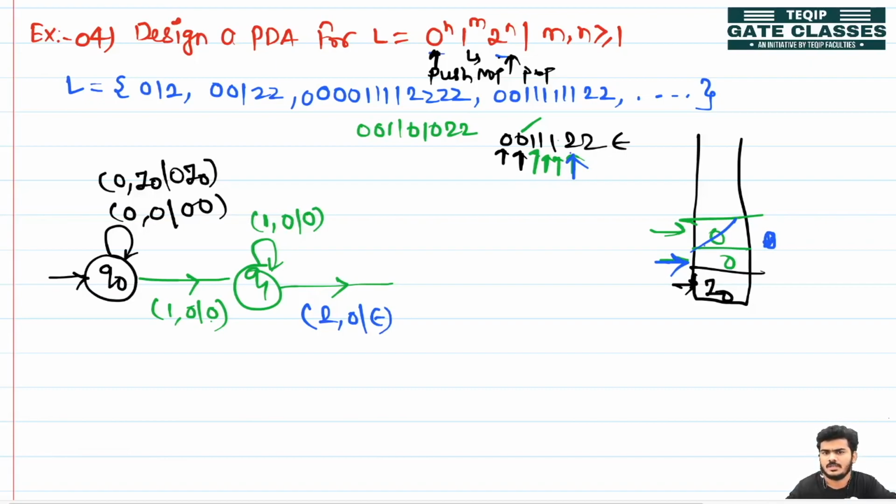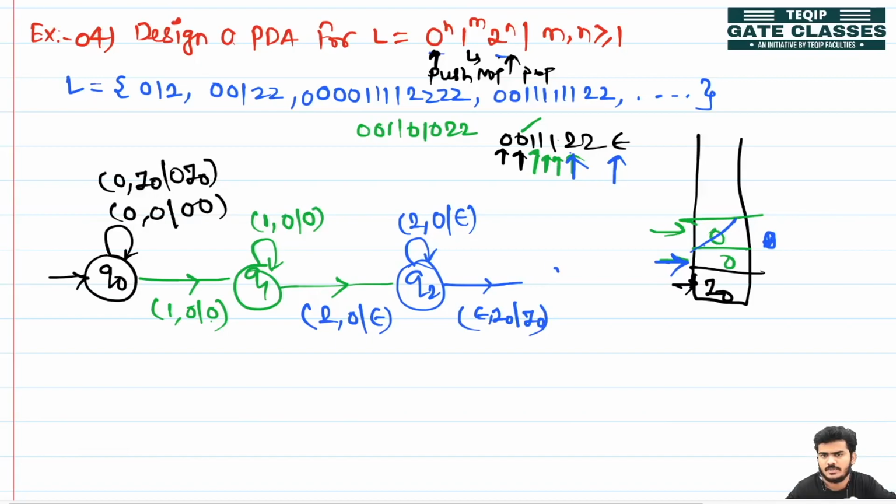Okay, and in this state, if I get more 2's, then I will check whether the stack contains 0. If the stack contains 0, then I will start popping it. And finally, if I come across epsilon and top of the stack becomes z0, I will put that z0 as it is and I will move to the final state.